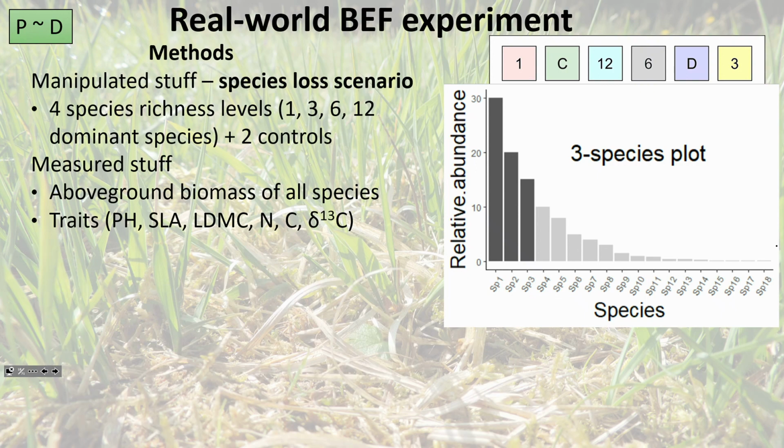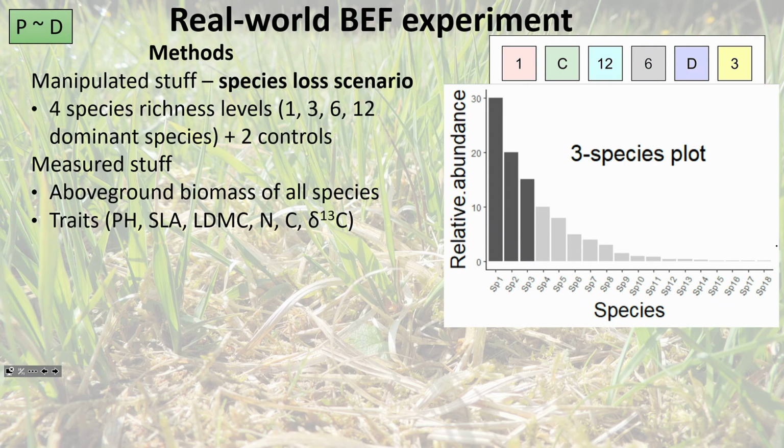So we also had a disturbance control, where we intermediately disturb the plot without taking out specific species, just taking individuals pseudo-randomly, let's say, to control for unwanted effects of disturbance.